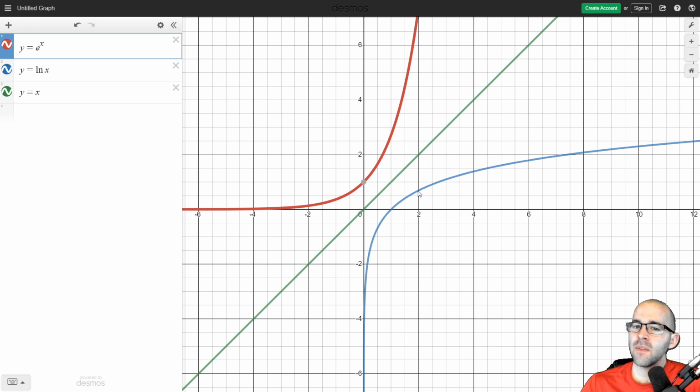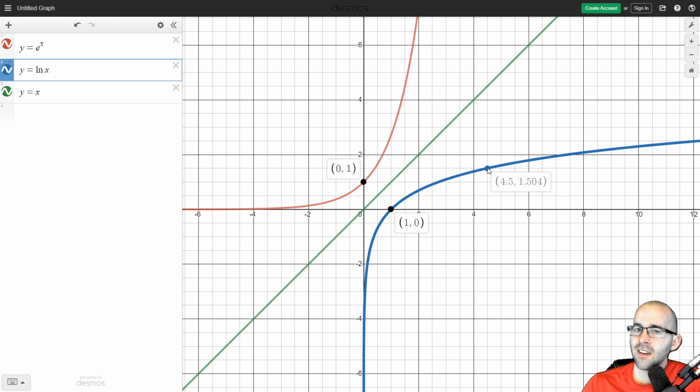Blue is the logarithm, has an asymptote at x equals 0, and then slowly grows. You can really see the symmetry on this one. The blue is just a reflection of the red. So here we have 0, 1. Here we have 1, 0. And here we have about 1.5, 4.5. So here we're going to have 4.5, 1.5.